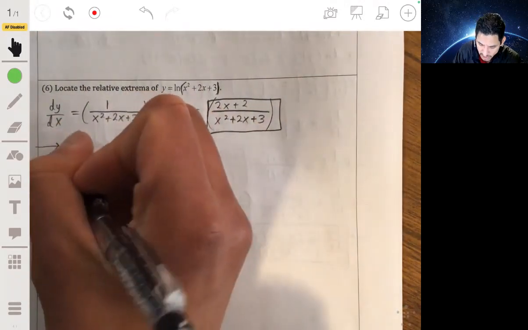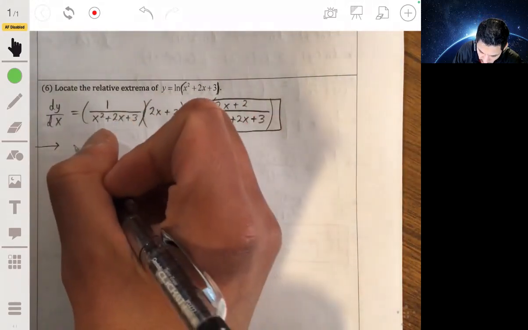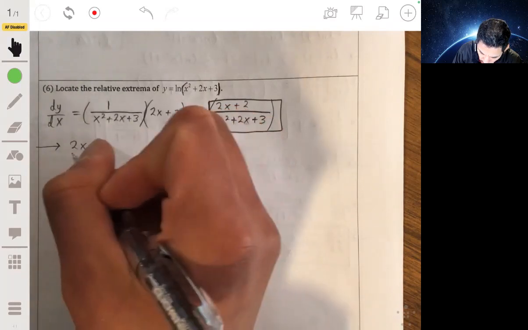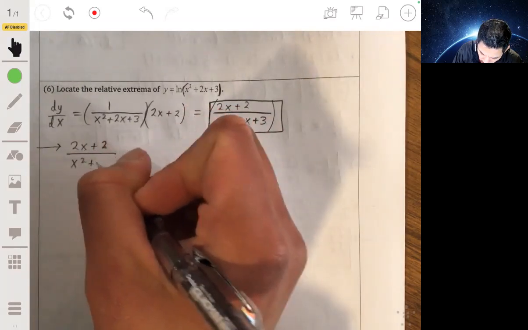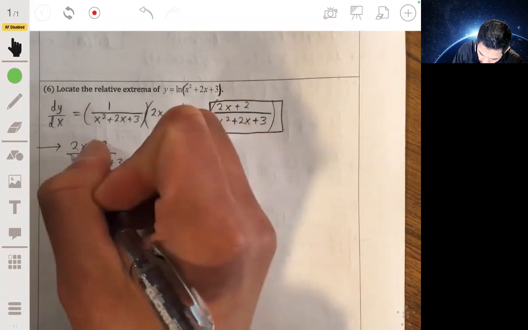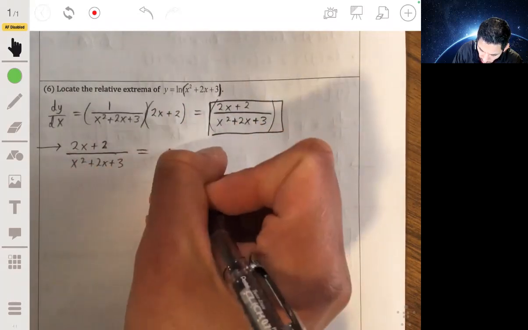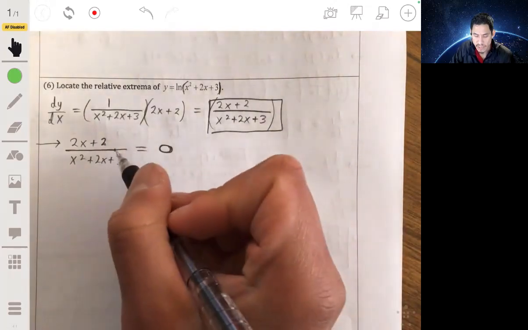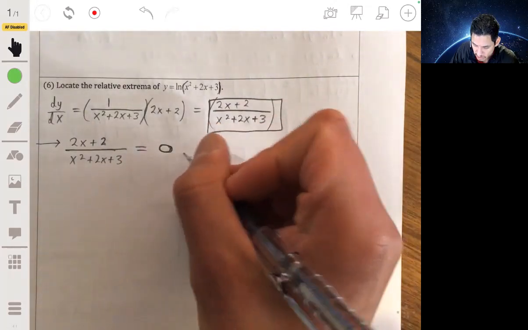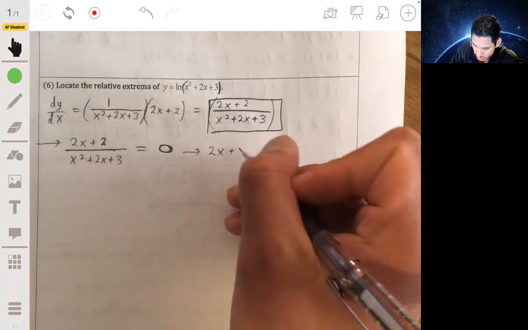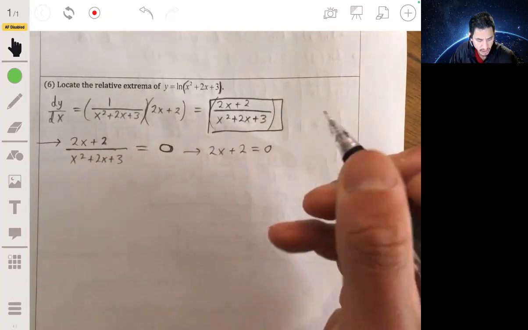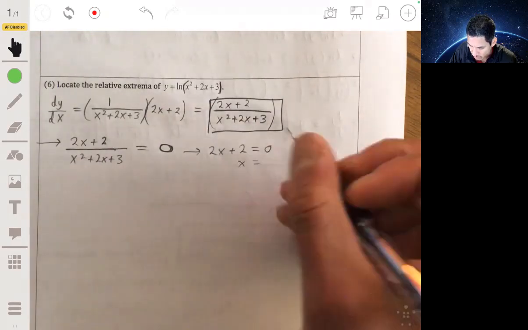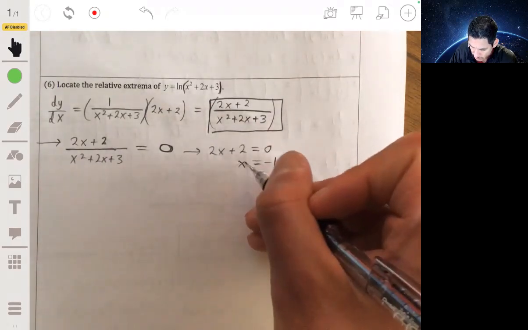So we have to now make this equal to 0. So we have to make this 2x plus 2 over x squared plus 2x plus 3 equal to 0 or find where it's undefined. So we essentially just first have to solve for when 2x plus 2 is equal to 0. And it's simple. We can solve for x and find that taking away 2, dividing by 2, x will be negative 1.